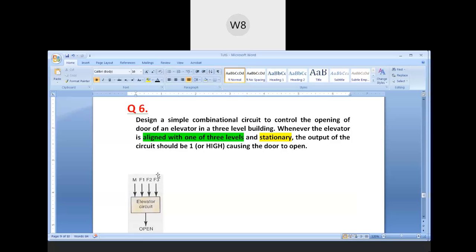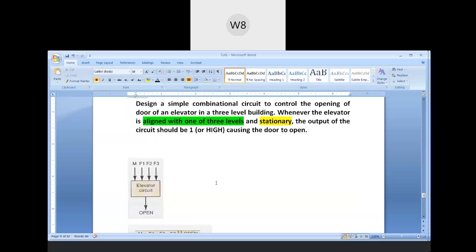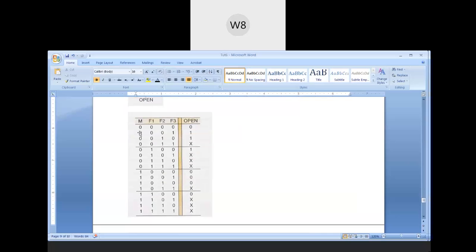It will never be aligned with all the 3 simultaneously. Using this, we can fill the function table in this fashion. So the elevator is never aligned with all the 3 floors, never aligned with 2 of the floors. For those cases, we have don't care.